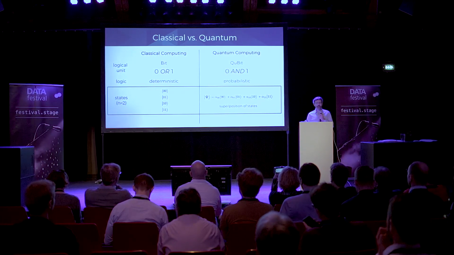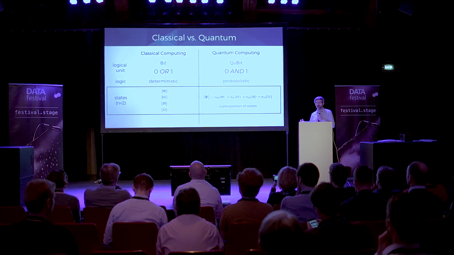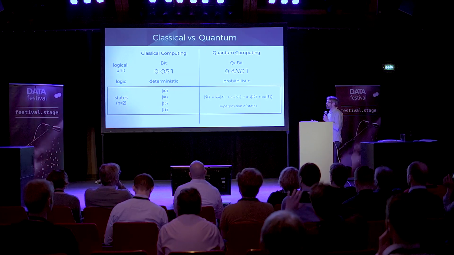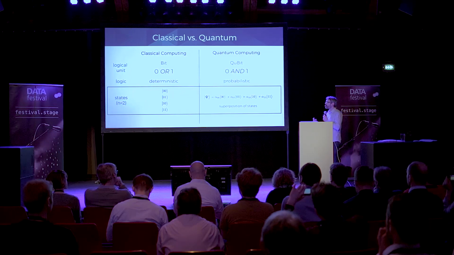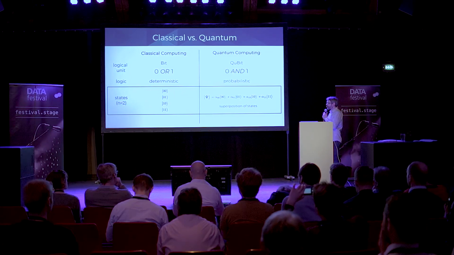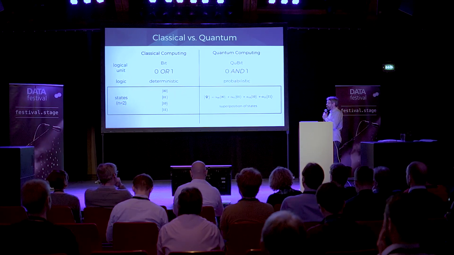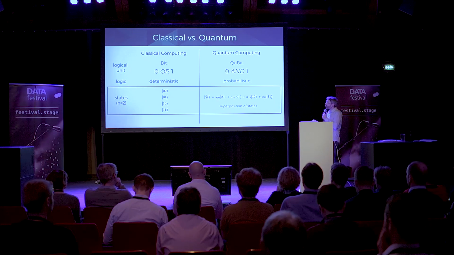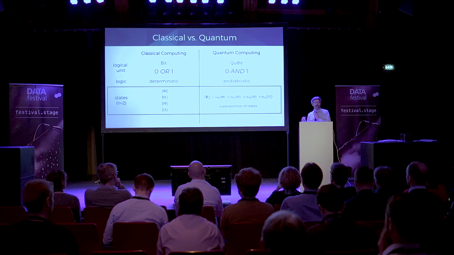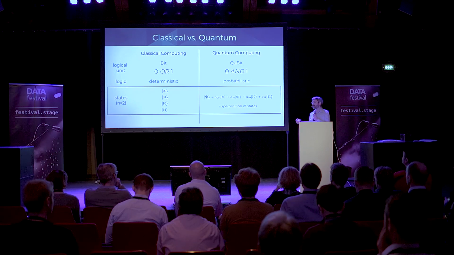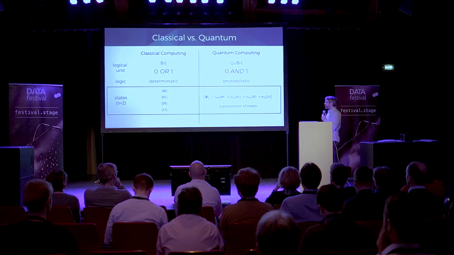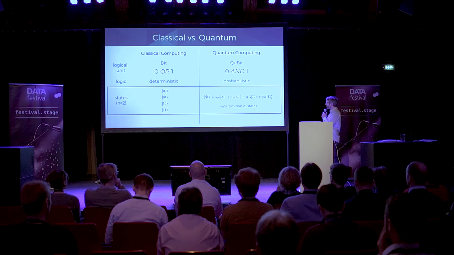So there are 4 combinations that I can encode in 2 bits, and at any point in time, with 2 bits I can just realize one of these 4 states.